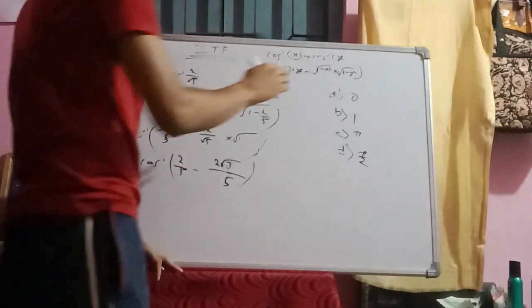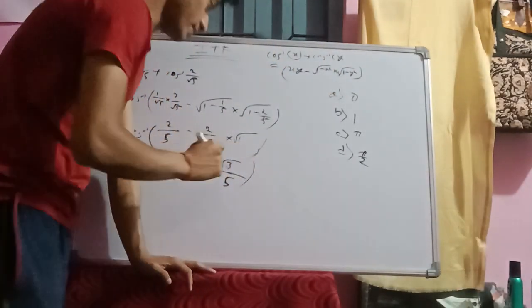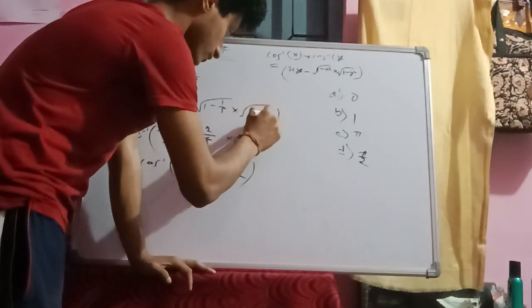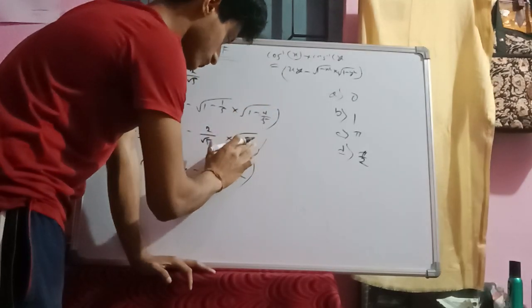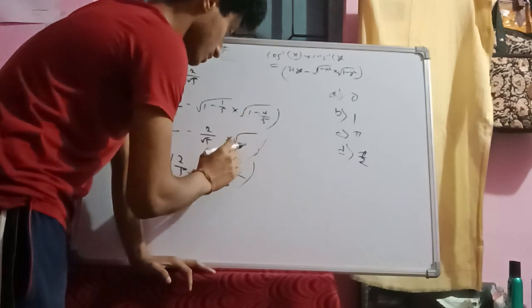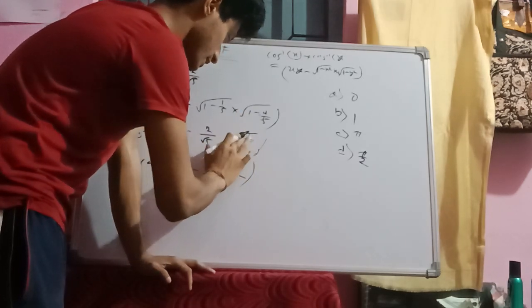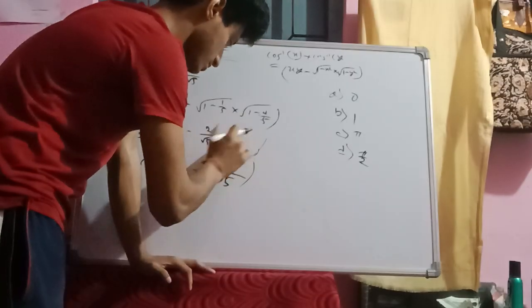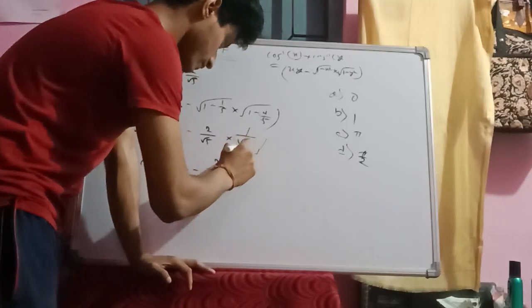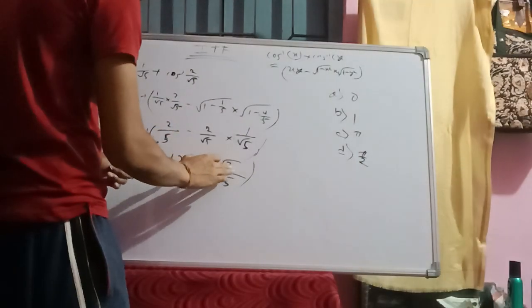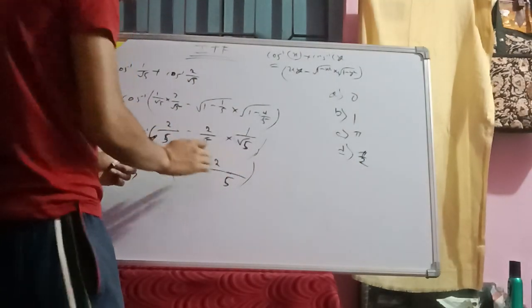The formula was 1 minus y square here, so it would be 1 minus 4 over 5, not 2 over 5, and this would become root of 1 over 5. That just becomes 1 over root 5, and this would become just 2 over 5.